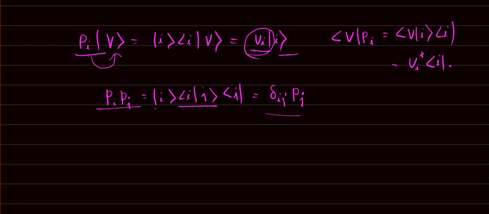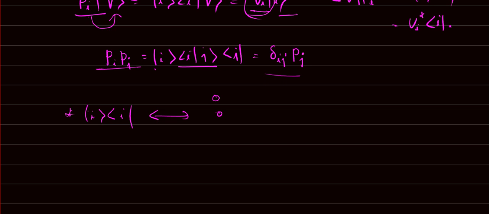So what if we want to write the projection operator in matrix form? How will it look? Let's say 1, 0.